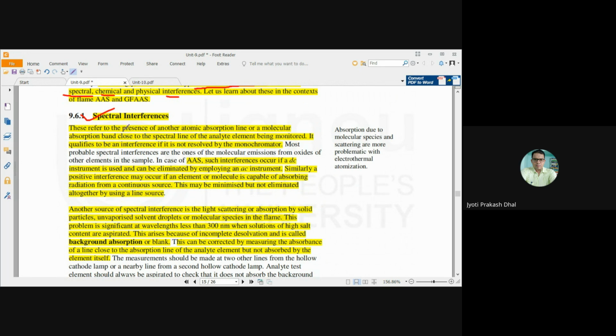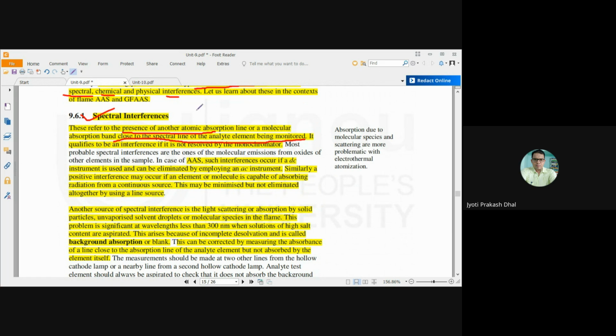This refers to the presence of another atomic absorption line or molecular absorption band close to the spectral line of the analyte element being monitored. So in this type of interference, another atomic absorption line is present very close to the absorption spectral line of the analyte.